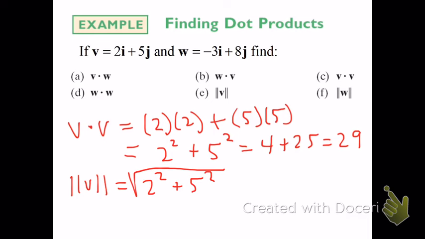So we can conclude then that v dot v is going to be the square of the magnitude of v, isn't it? Alright, let's move on.